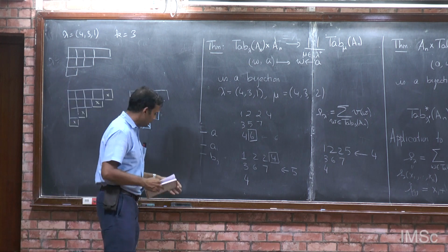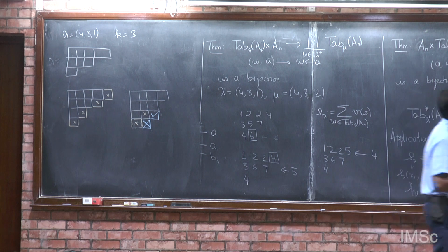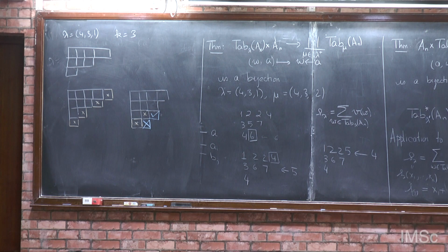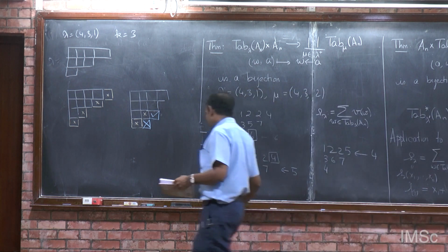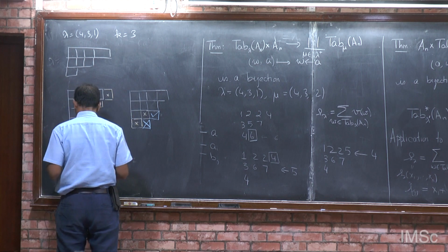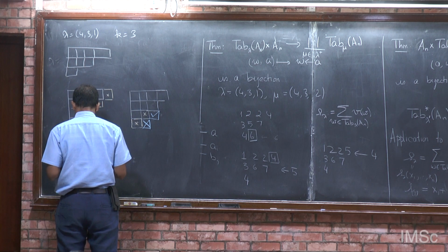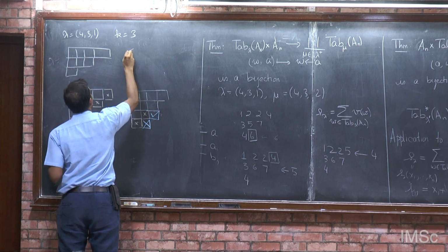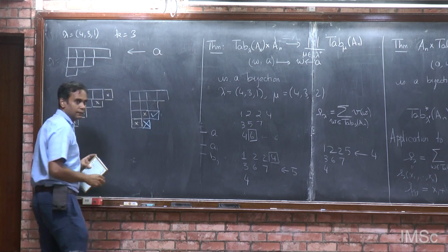So, let me explain why this is true. The main thing is you have to use the fact that this is a row, and so you have to understand what happens when you keep inserting numbers which are in weakly increasing order. So, I have introduced here some number, let us say I started by inserting a number a in here, right.